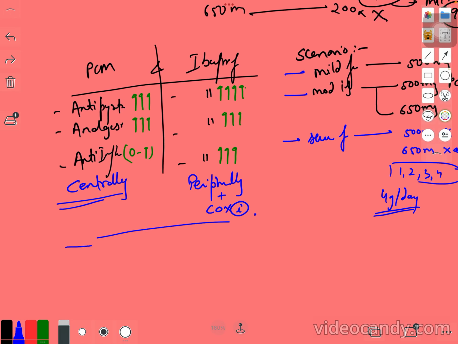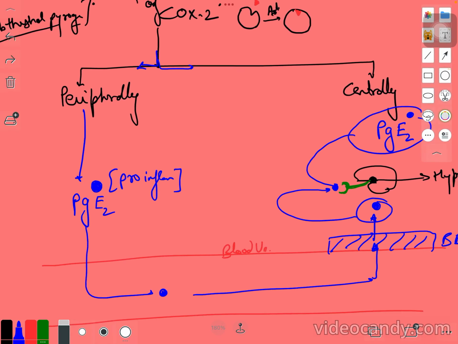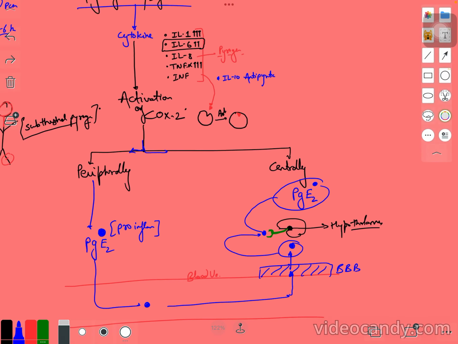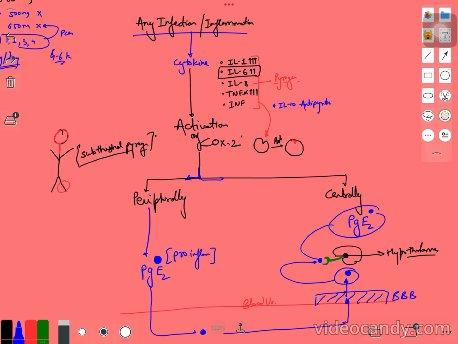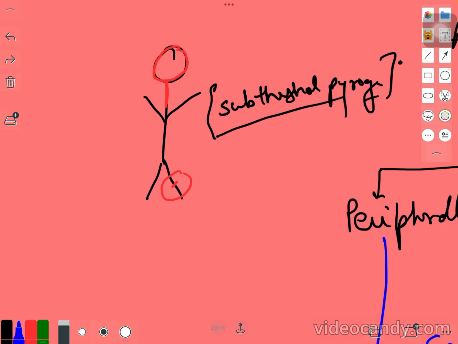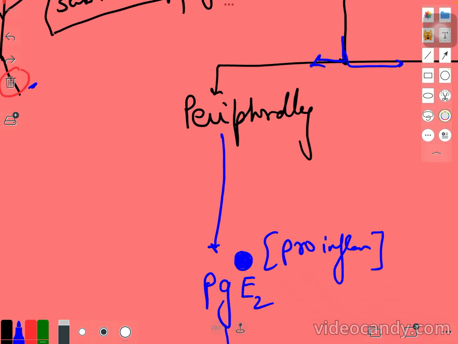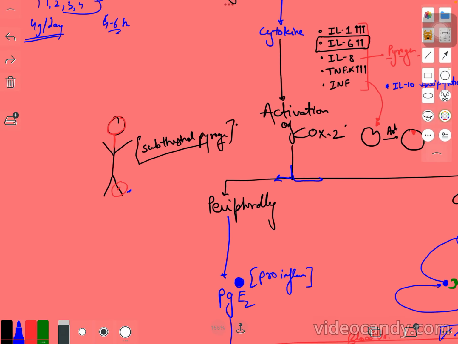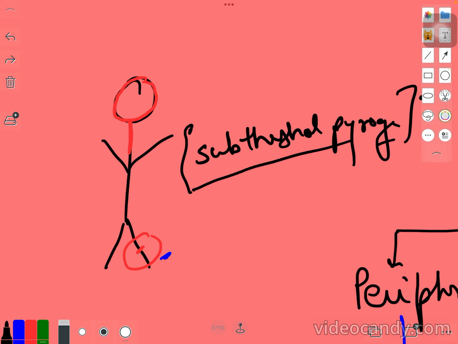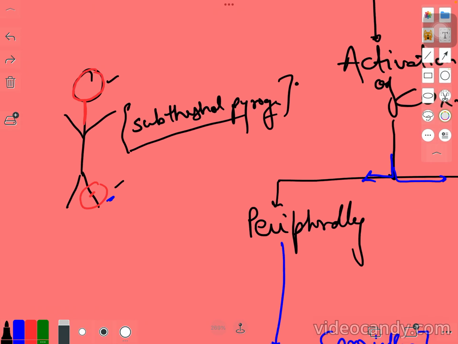Now if you remember these two things, we are sorted. Now let's say the patient has a huge amount of inflammation or infection which was coming, let's say, from this foot. Everything, doesn't matter whether the problem was in the CNS or in the periphery, will ultimately go to the CNS to cause the fever, right?